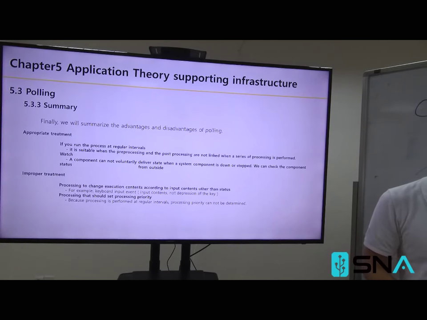I don't know. Not the press of the key. Processing that should have a processing priority is also improper, because processing is performed at regular intervals and processing priority cannot be determined. Sometimes an interrupt or polling.